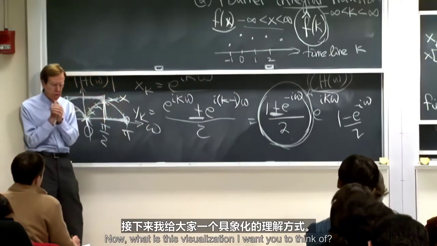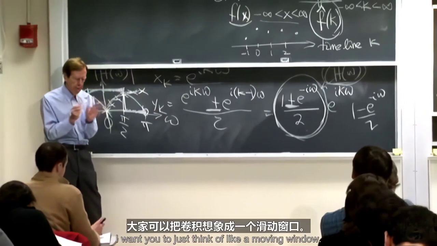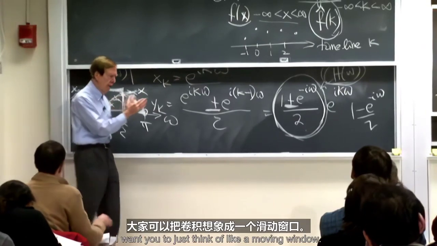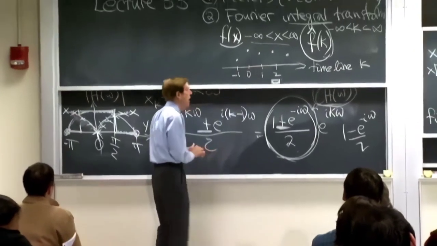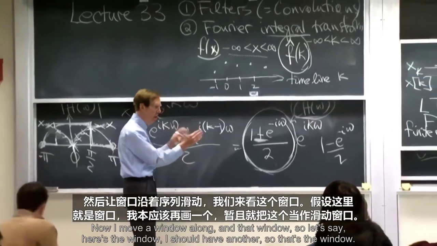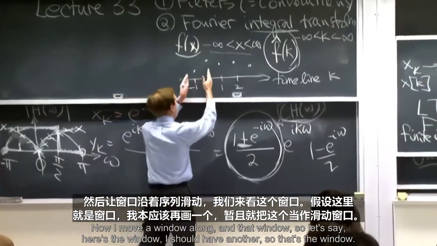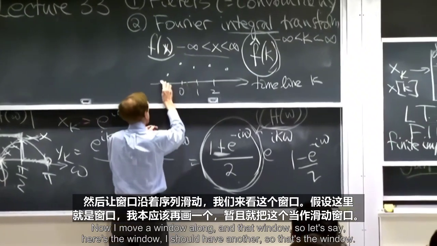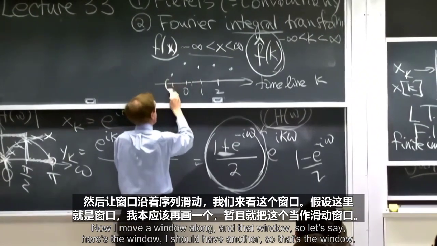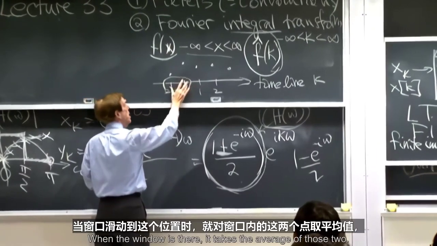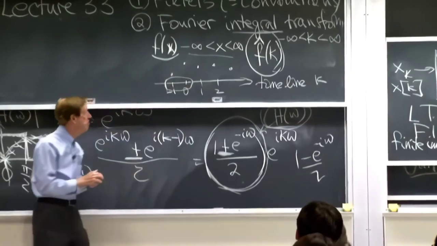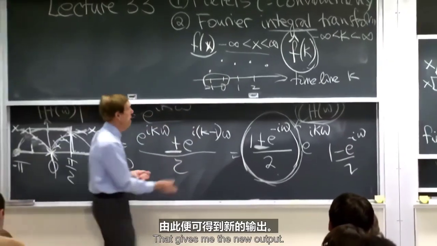Now, what is this visualization I want you to think of? I want you to just think of like a moving window. So here's the input. Now I move a window along. So let's say here's the window. When the window is there, it takes the average of those two.